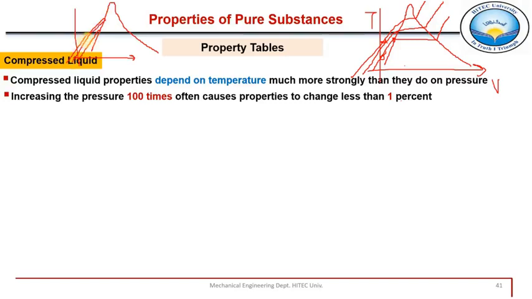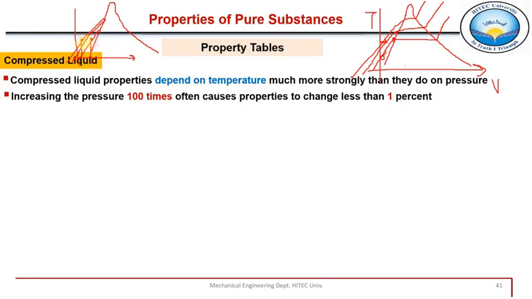They are so close that, for example, this is the pressure, and if you increase this pressure by 100 times, this change in V, specific volume on the x-axis, is less than 1%.